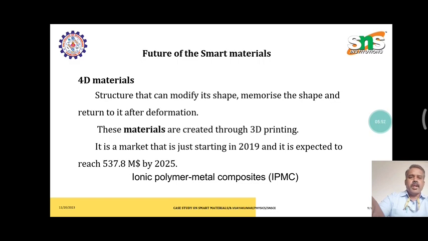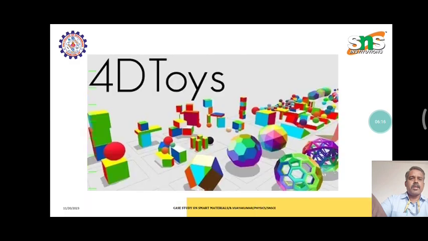These materials are created through 3D printing. The market was just starting in 2019 and is expected to reach 537.8 million dollars by 2025. The ionic polymer metal composite, IPMC, is used in these 4D materials.